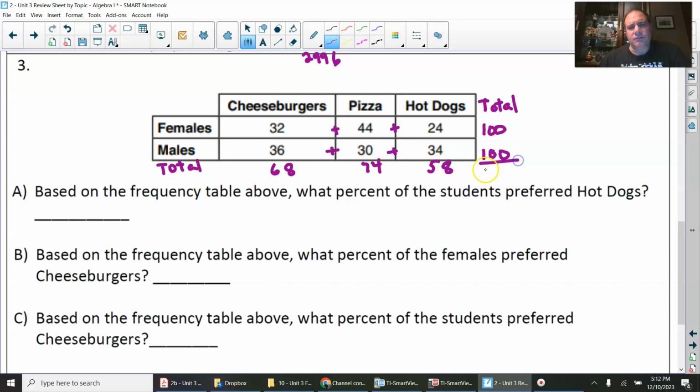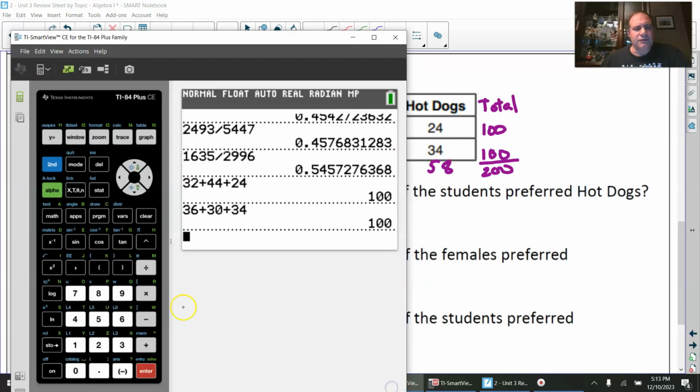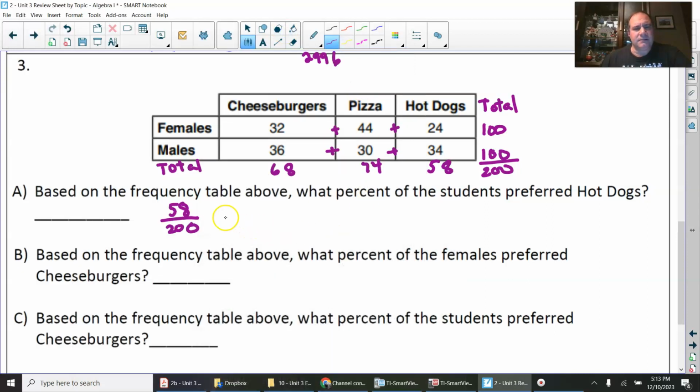Got 100, so 200 is the total. What percent of students, that's all students, so we put 200 on the bottom. Preferred hot dogs, so 58 out of 200. Grab your calculator, do 58 divided by 200, and you get 0.29. You move that decimal over 2 places, you get 29%.